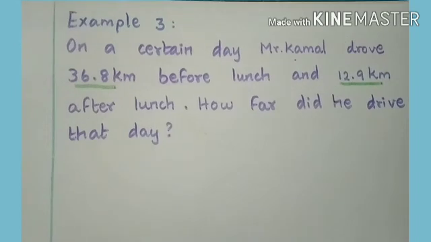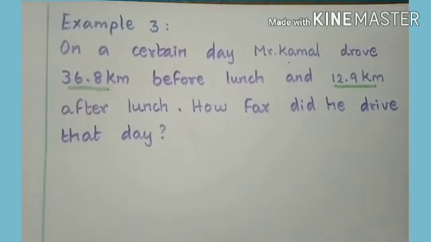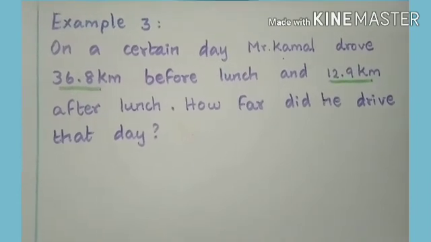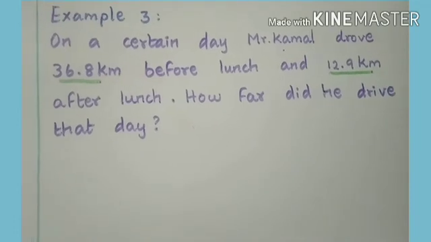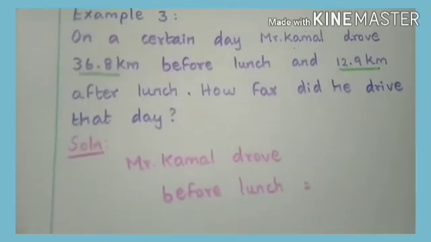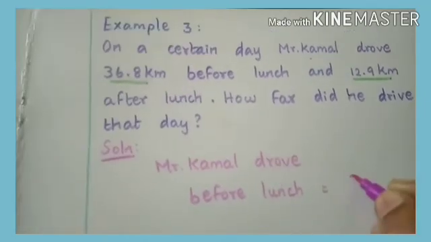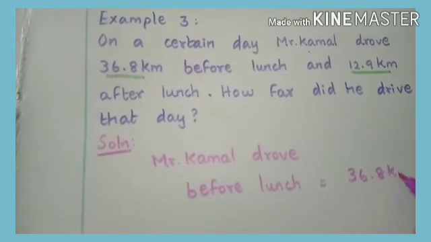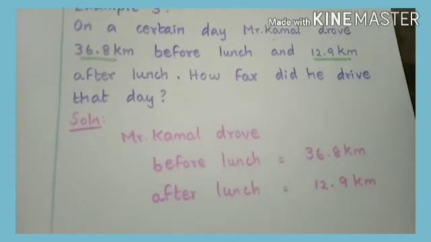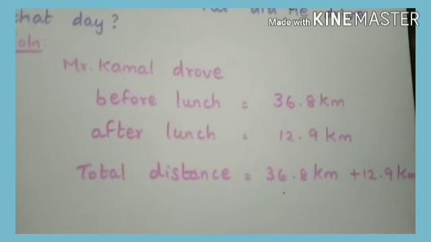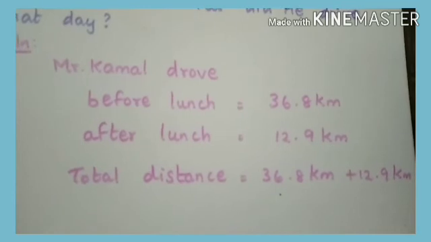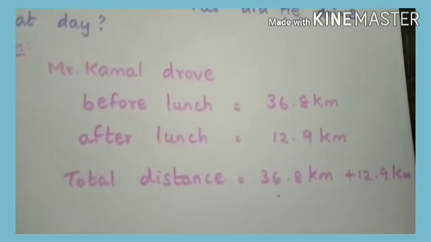Here we have to find the total distance he drove. So we have to add the distance he drove before lunch and after lunch. Let's write Mr. Kamal drove before lunch is equal to 36.8 km. Mr. Kamal drove after lunch is equal to 12.9 km. To find the total distance, we add 36.8 km and 12.9 km.